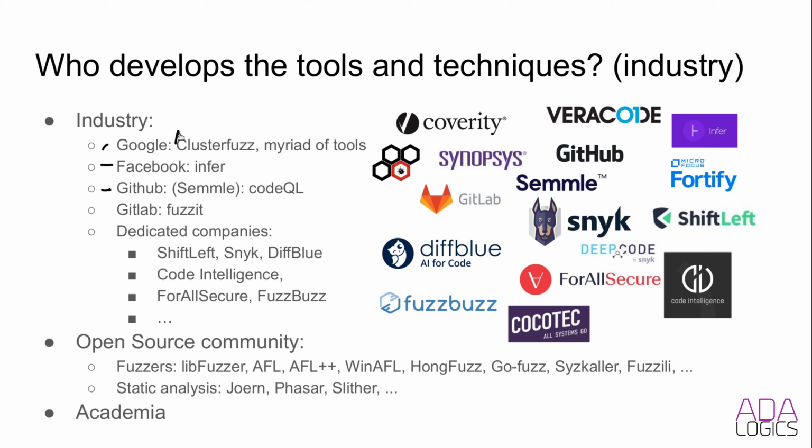For example, Google has this tool called ClusterFuzz that is used to manage running a lot of fuzzers, and they use ClusterFuzz to run thousands of different fuzzers up in the cloud and essentially fuzz the majority of Google's code base. That's this logo. Facebook has this tool called Infer, which is a static analysis tool that originated from academia and was later acquired by Facebook, and now they have it as an open source tool that you can freely download and use to analyze your software.